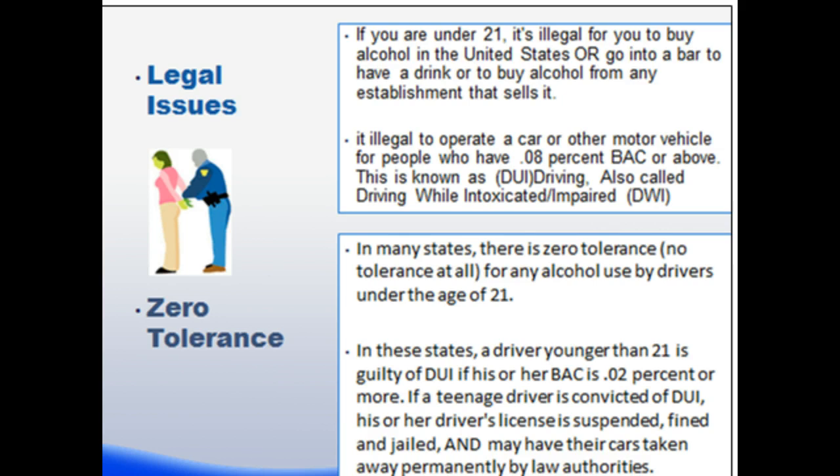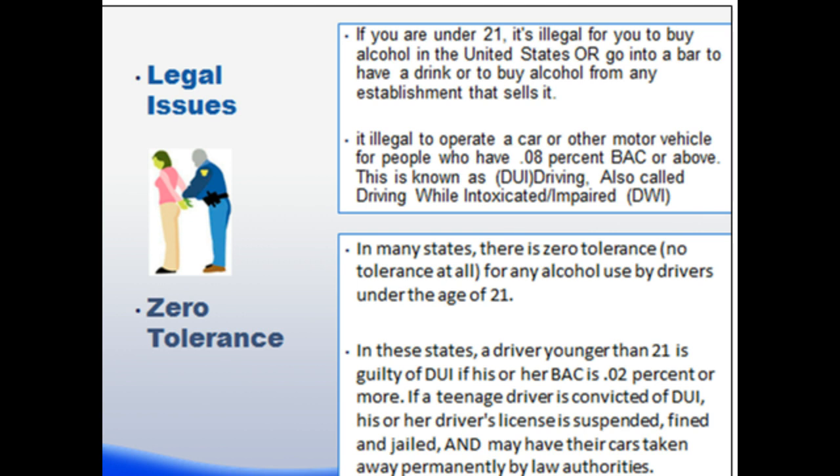Officers don't have to observe or provide evidence of your impaired driving. They only need the evidence of the blood alcohol concentration of the driver. In many states, there's a zero tolerance or no tolerance at all policy for any alcohol used by drivers under the age of 21. In many states, it's even changed to no tolerance for anyone driving with an open container of alcohol, passenger or driver.